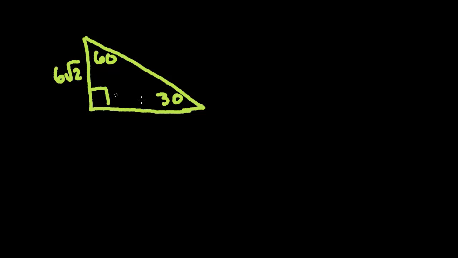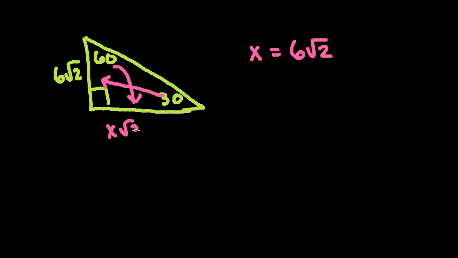Here's my triangle. And let's make him the 60, and him the 30, and we'll make him over here 6 square root 2. So opposite the 30 is x. So x is equal to 6 square root 2. Opposite the 60 down here is x square root 3.